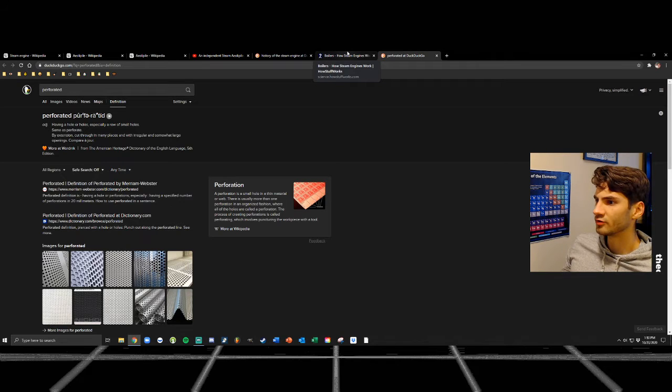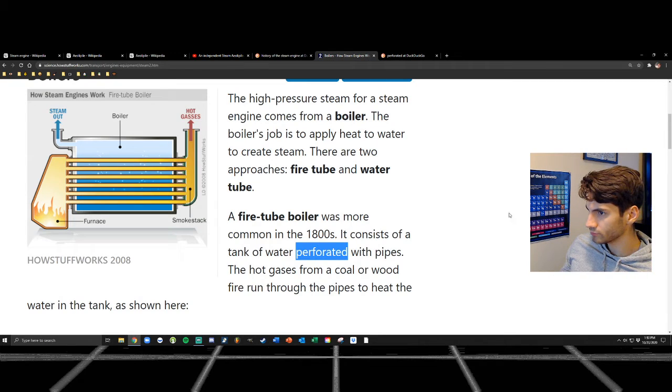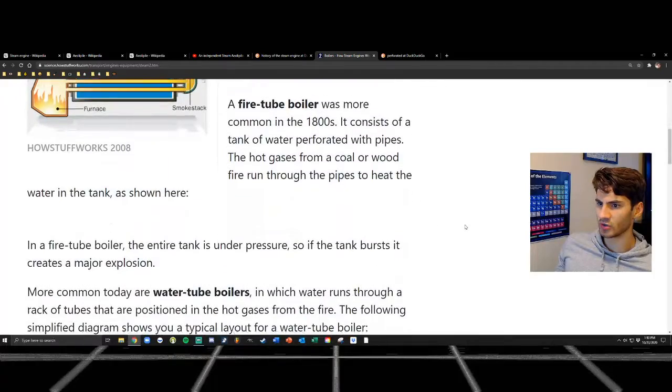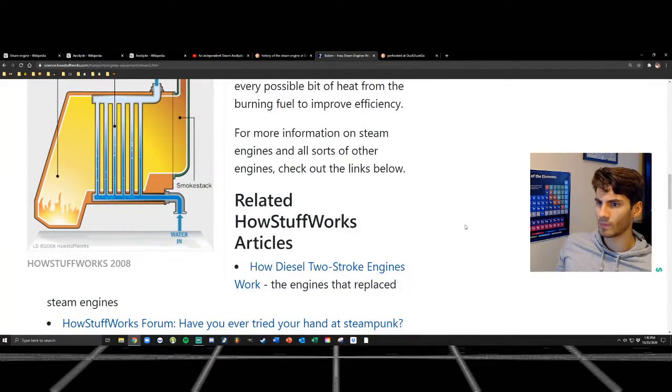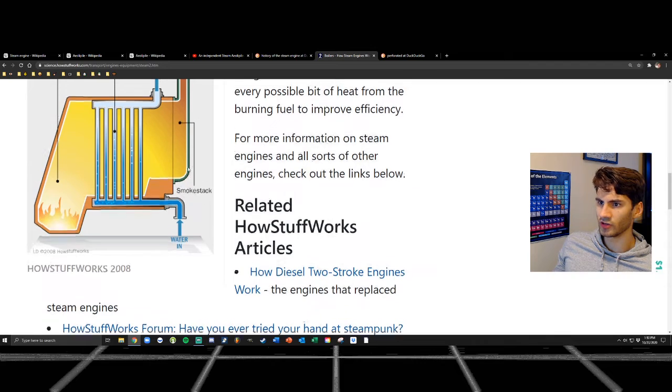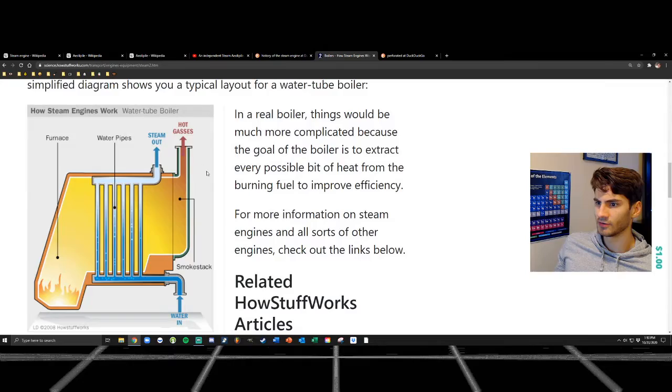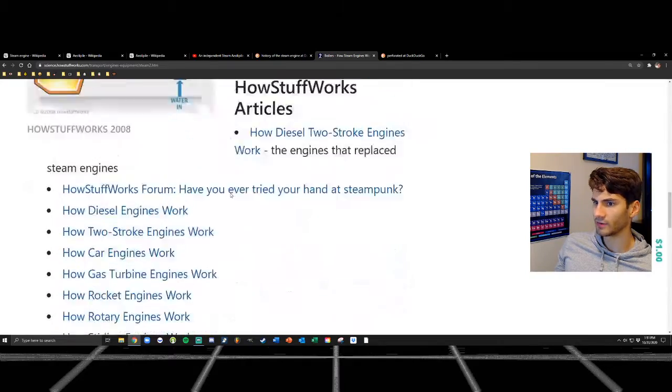The process of creating perforations is called perforating, which involves puncturing the workpiece with a tool. Okay, a fire tube boiler was common in the 1800s. It consists of a tank of water perforated with pipes. The hot gases from a coal or wood fire run through the pipes to heat the water tank as shown here. Okay, water goes in, smokestack, steam out, hot gases. Okay, makes sense to me.